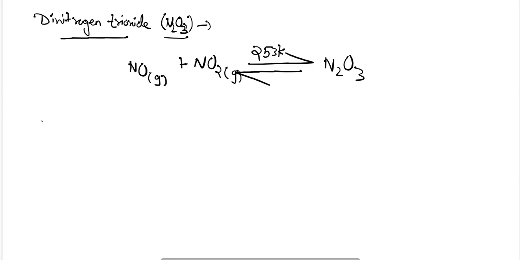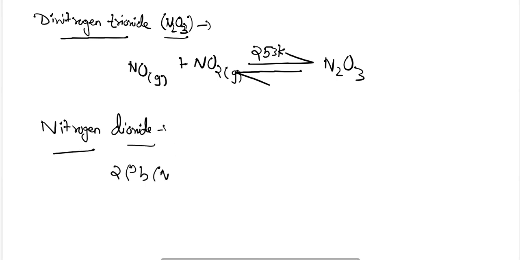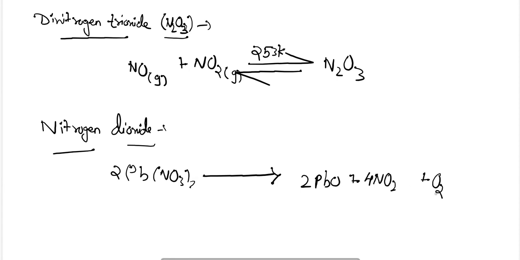Next is nitrogen dioxide, that is NO2. 2Pb(NO3)2 gives 2PbO plus 4NO2 plus O2.